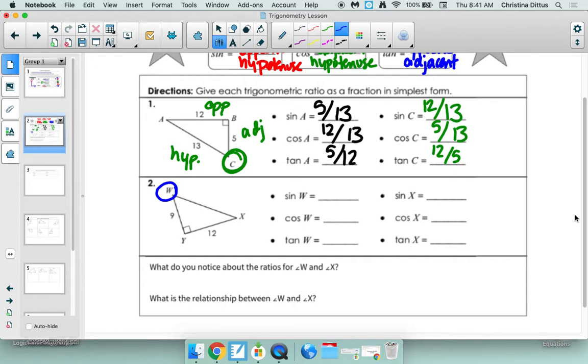Perfect. 9 squared plus 12 squared equals my hypotenuse squared. 81 plus 144 is? What do we get? 225. How do I figure out what x is? Square root it. What is the square root of 225? 15. Perfect. So this side is 15.